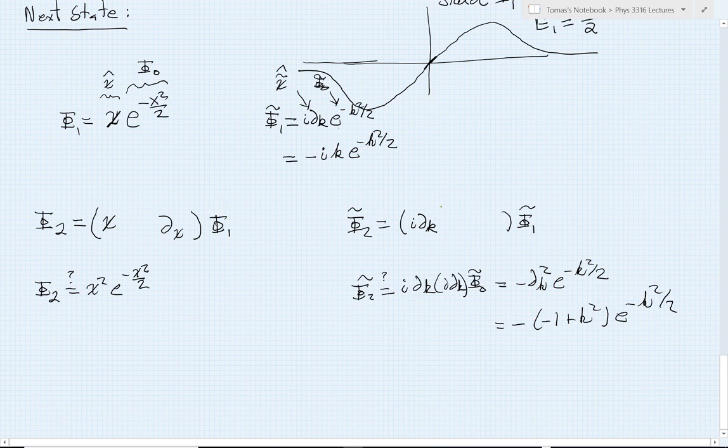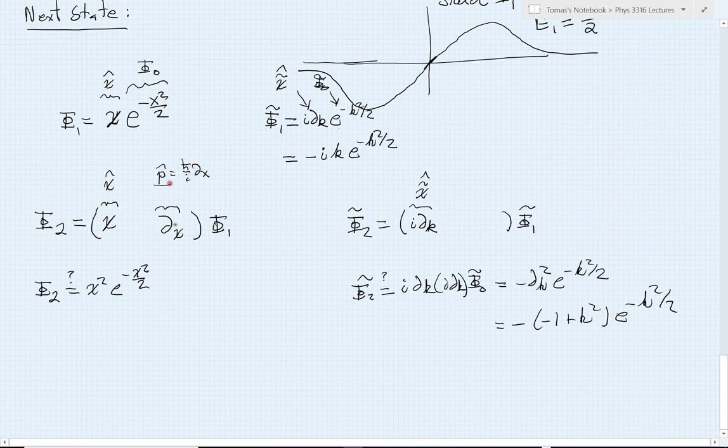So here's the logic of how that is going to work, right? X we used before, well, this was just the x operator in the position space, and that works out very nicely because here we are applying the x operator in the momentum space. Likewise, the partial x derivative is very closely related to the momentum operator, right? Remember, momentum operator in position is h bar on I times the x derivative.